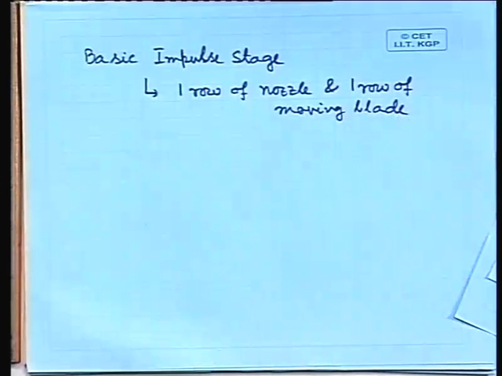Well, one can call this basic impulse stage also a pressure stage. If we repeat this time and again, then we will have pressure compounding or Rateau compounding of the impulse turbine.